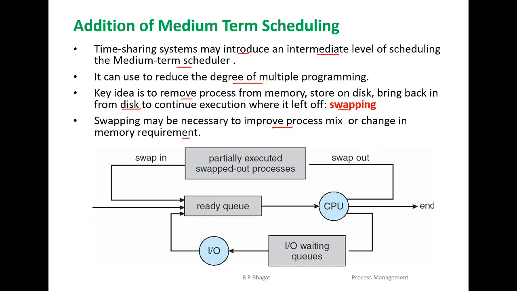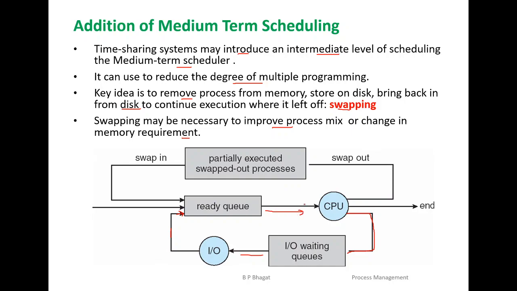This is the diagrammatic representation of medium-term scheduling, in which the processes that are ready in the ready queue get executed by the CPU. Sometimes, if there is a small amount of waiting, the process goes to the wait state, does the IO related work, and again continues in the ready queue for the rest of the execution.